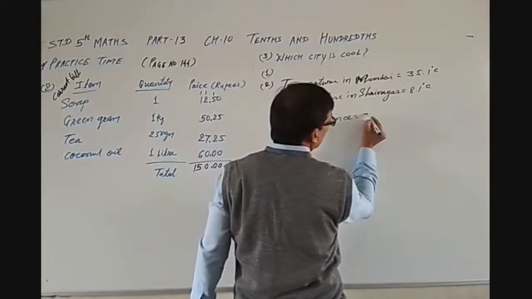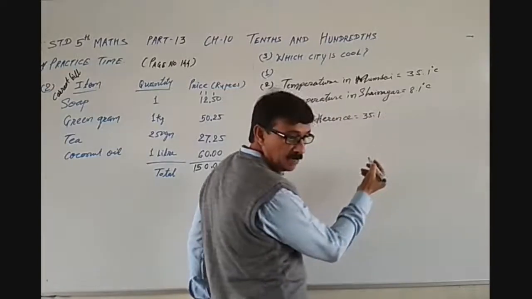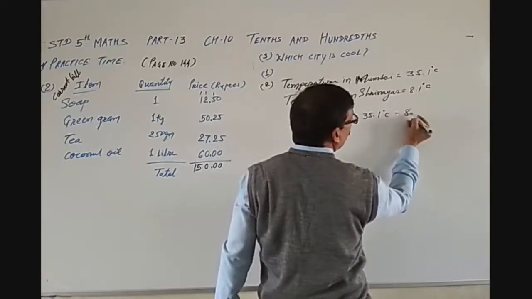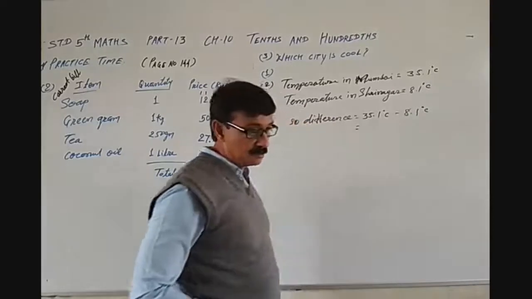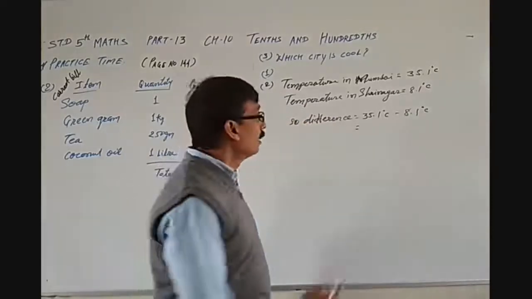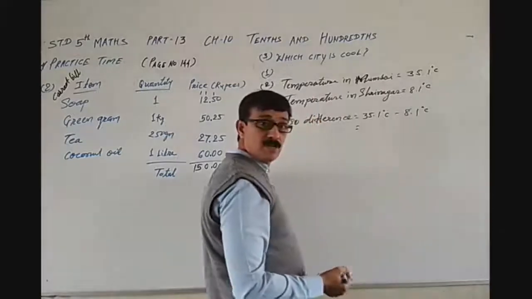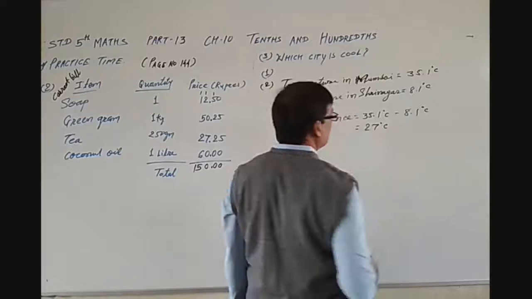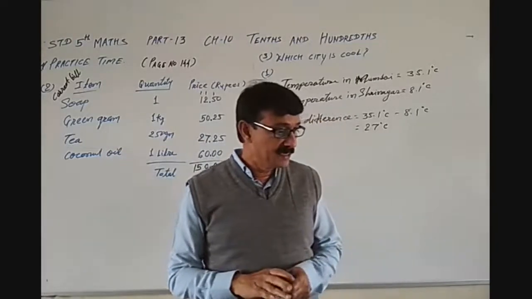So it is 35.1 degrees Celsius minus 8.1 degrees Celsius, and the answer, see, 1 minus 1 is 0, 35 minus 8 is 27 degrees Celsius. So how can we write the answer?